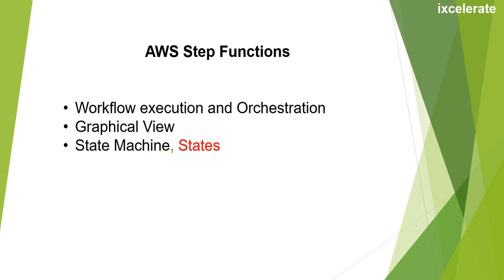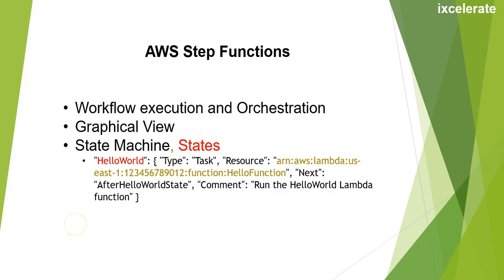A workflow in the step functions world is called a state machine, and the various tasks which are performed inside a workflow are called states. What you see here is an example of how you can create a state inside a state machine using Amazon States Language. The state name here is hello world.